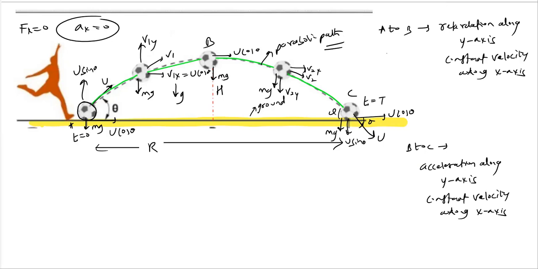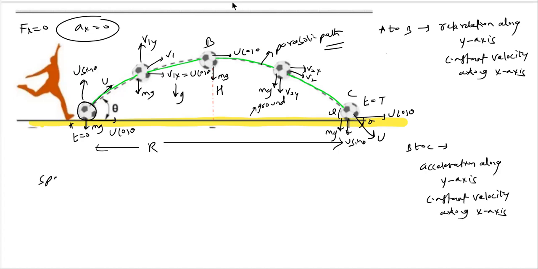After this, we'll go for how to find the speed of the projectile at any instant of time t. Already we got the position vector. What is the speed of the projectile along the x-axis?